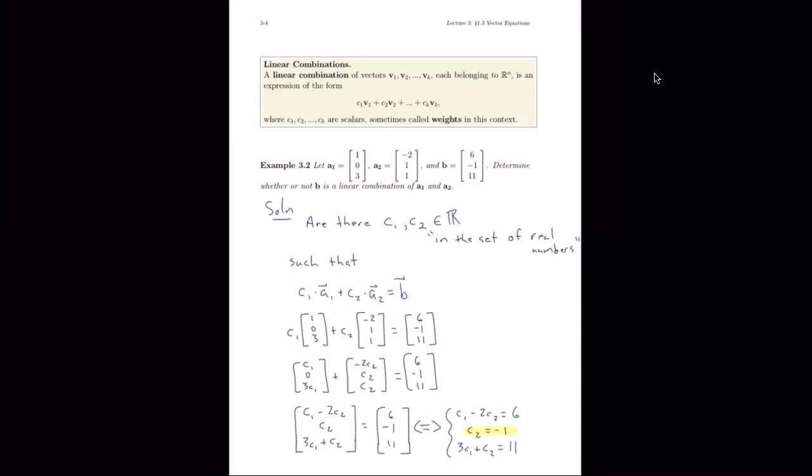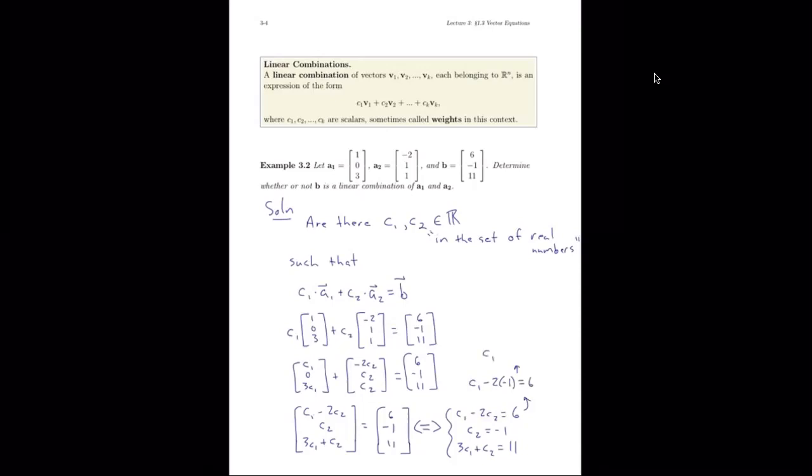C2 has to be -1. So we can plug that into either of the other two equations and see what C1 must be. I'll do that by plugging it into this first equation. I'll work upwardly, which is a little bit of a difficult thing to see. But if I write in the line above that C2 is -1, I have C1 minus 2 times -1 equals 6. If you solve for C1 here, you have C1 plus 2 equals 6.